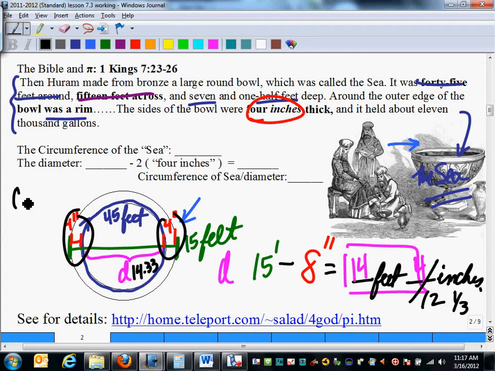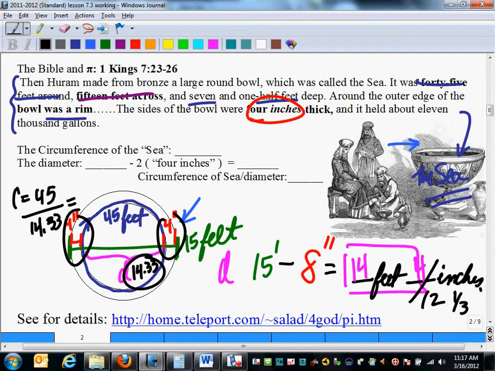So now, I'd like you to take the circumference, 45, and divide by that true diameter, 14.33, in your calculators. Do this now. 45, which is that circumference, divided by the true diameter, 14.33. 3.14.